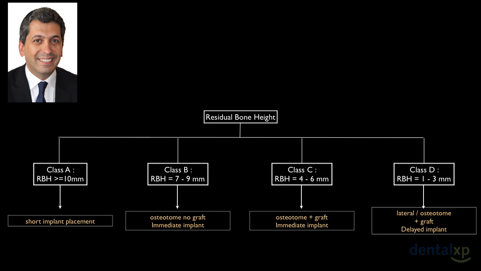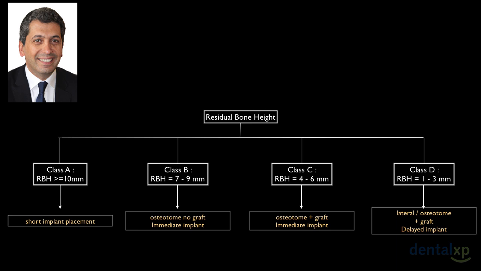So today, whenever we had a residual bone height of 10 millimeters, they used to ask us to do some sinus floor elevation with osteotomes. We don't do it anymore. Of course, we place an implant of 10 millimeters, which is not even a short implant placement. It's an ordinary implant placement in my mind today.